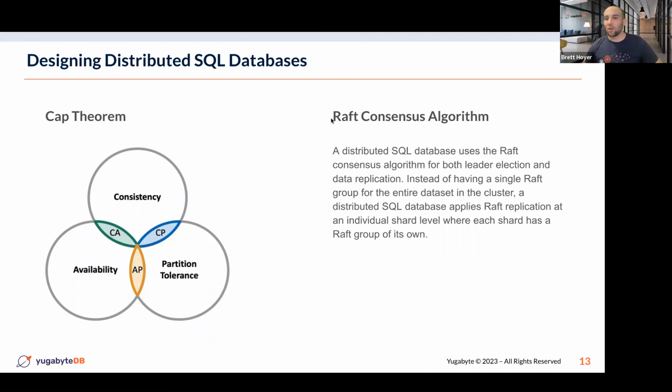We're using the Raft consensus algorithm to ensure that all of the data in our cluster is properly replicated and our leaders are being elected with a quorum between the nodes in our database. These are a couple of terms for people who are new to distributed SQL. You'll want to look into these to have a better idea of what's happening and how these things are being achieved.